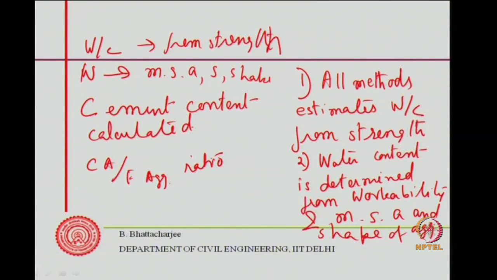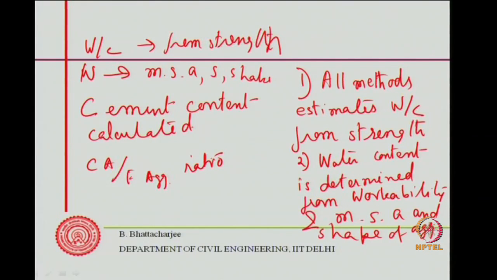Whichever is lower, you choose that water cement ratio, while workability is governed by the paste content, which also depends upon the packing characteristics of the coarse and fine aggregate system. So, it will depend upon the maximum size of aggregate and shape of the aggregate, and water content is therefore determined based on the slump, nominal size of aggregate, and shape of the aggregate. So, once these two are known, cement content is calculated, and up to this all the three methods we discussed are by and large the same in some form or other.